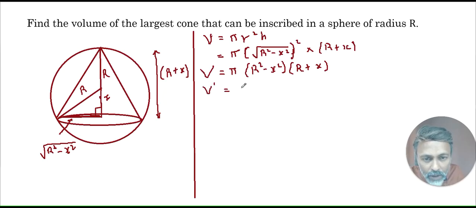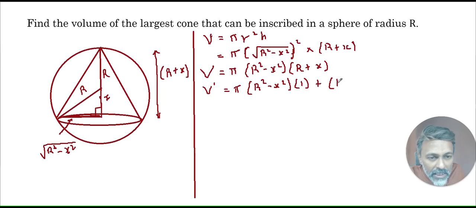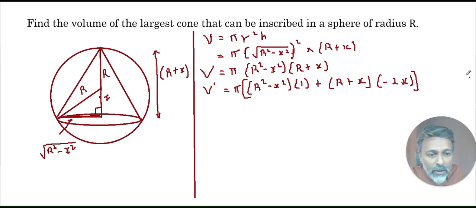So V dash is equal to pi into, product rule will apply, R square minus x square into the derivative of R plus x, which is 0 plus 1, is 1, plus R plus x into the derivative of R square minus x square, which will be 0 minus 2x. We equate this derivative to 0, with pi multiplying throughout the derivative. Let's see what we get as x. So pi gets divided by 0, it goes.